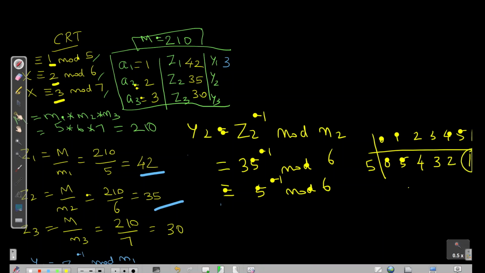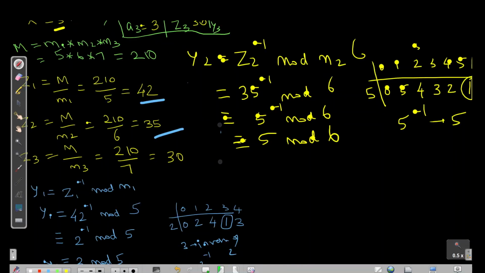So here obviously 5 inverse is 5 in modulo 6. So I'm filling the table with y2 equals 5.